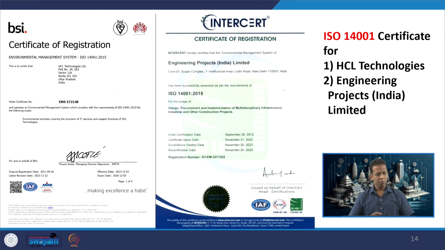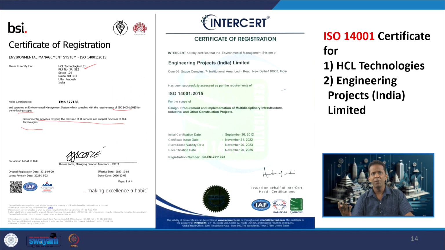These are some examples of ISO 14000 certificates of companies in India. You can see this one is for SCL Technologies, and what does it say? It says that the company complies with requirements of ISO 14001:2015 for the scope of environmental activities covering the provision of IT services and supporting functions of SCL Technologies.